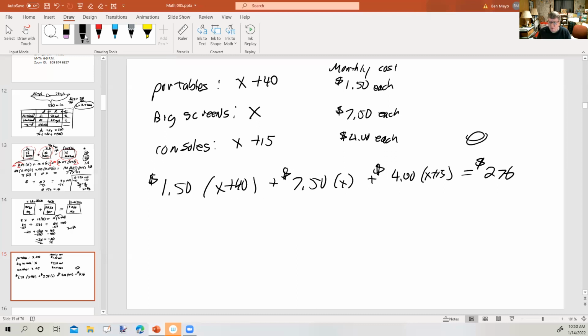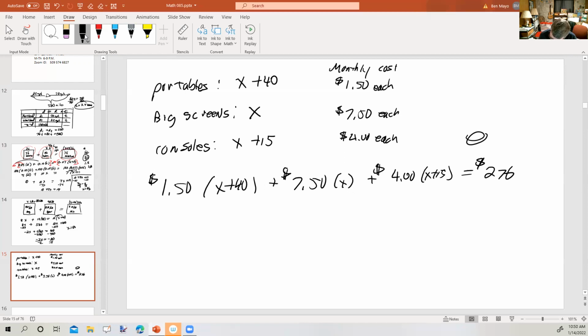Okay. So the cost of an item times the number of items, plus the cost of another item times the number of items, plus the cost of the third item, this is storage cost, times the number of items, equals the total cost. So here's our equation. I'm going to multiply both sides by 10.